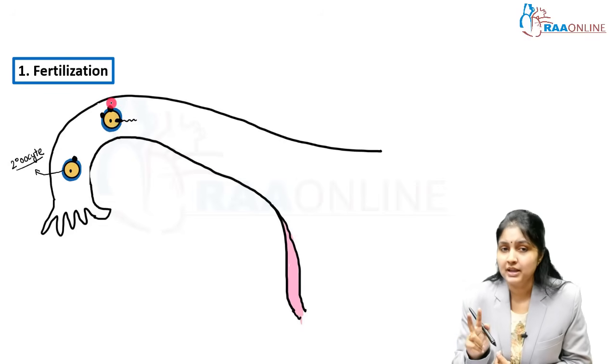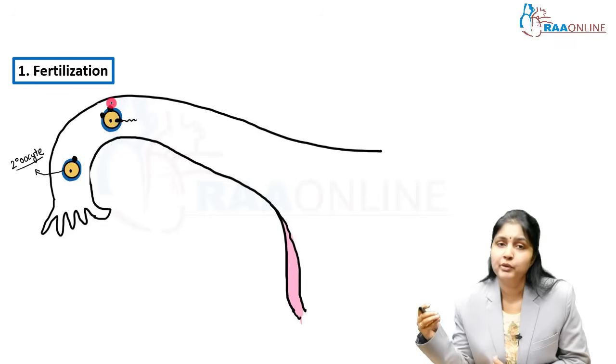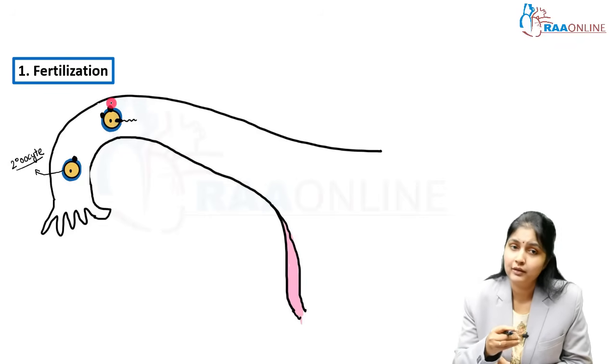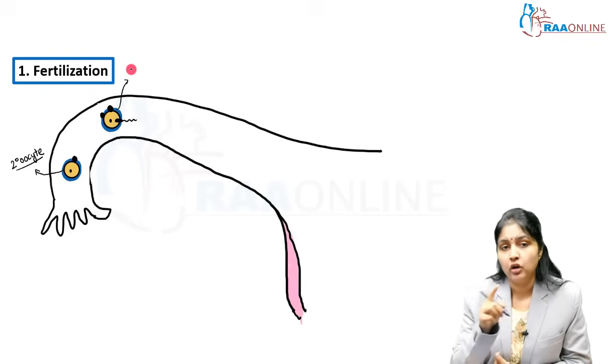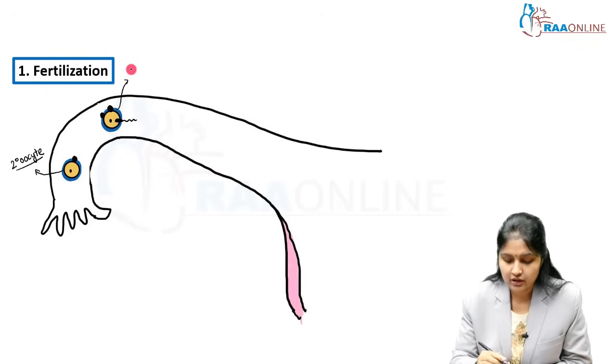So you will be able to see two polar bodies. Now this fertilization, or the part where the sperm goes and inserts itself into the oocyte, is helped by a membrane or a layer around the oocyte called the zona pellucida.